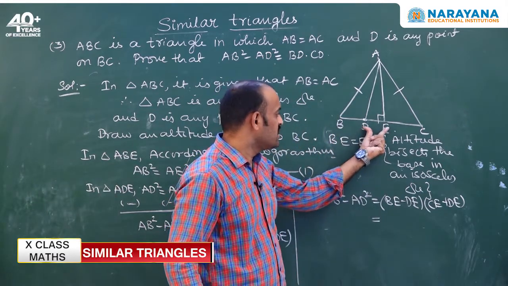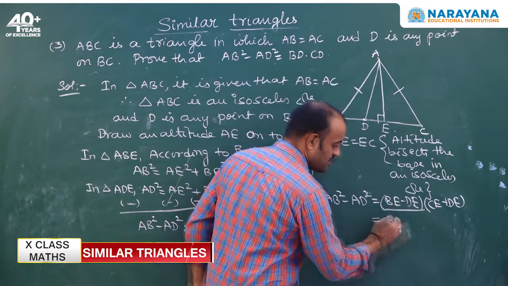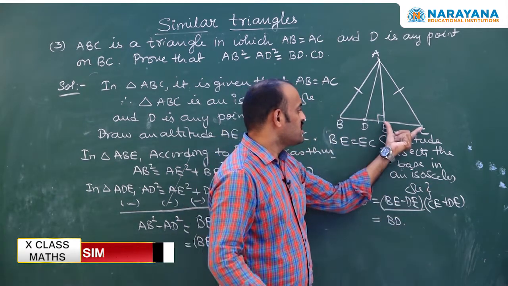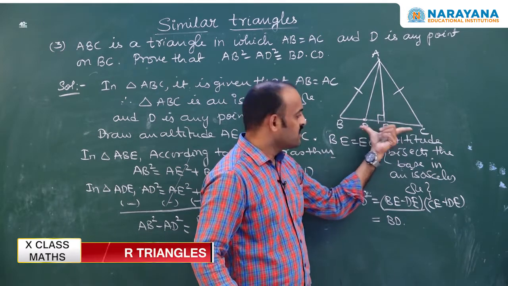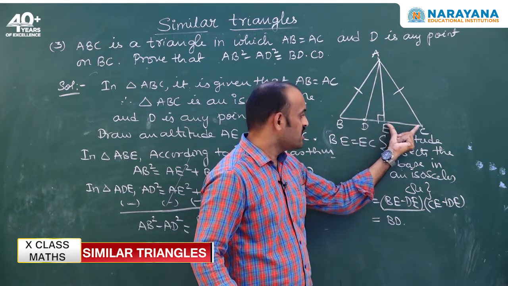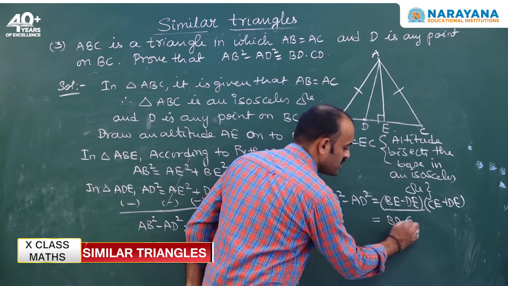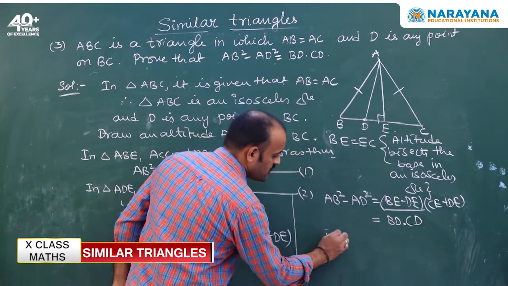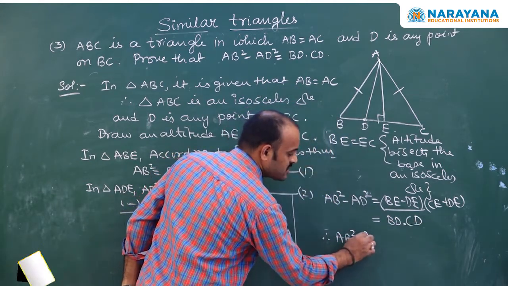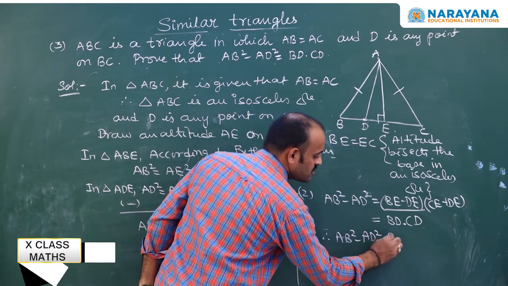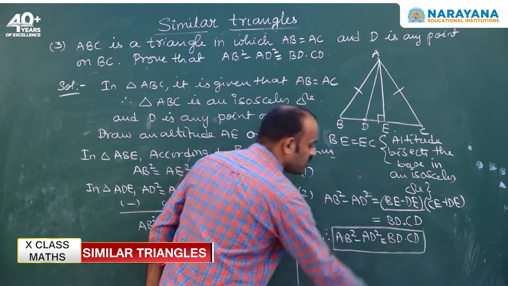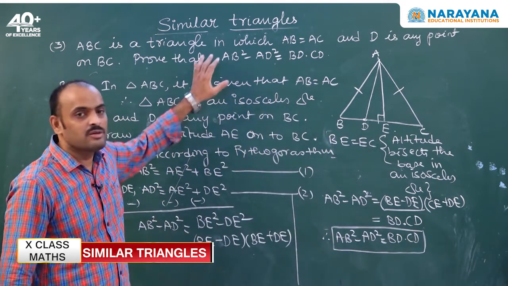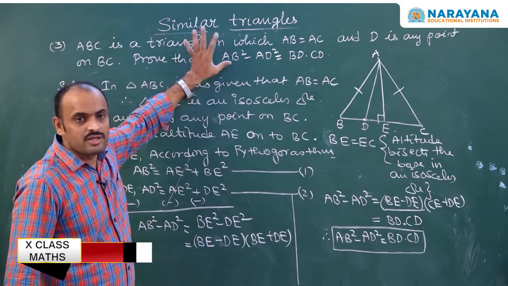BE minus DE gives you BD, and CE plus DE gives you CD. Therefore, AB square minus AD square is equal to BD into CD, which is nothing but the given question.